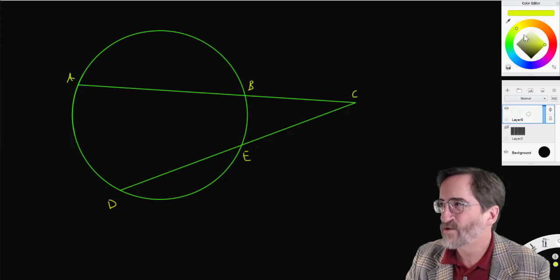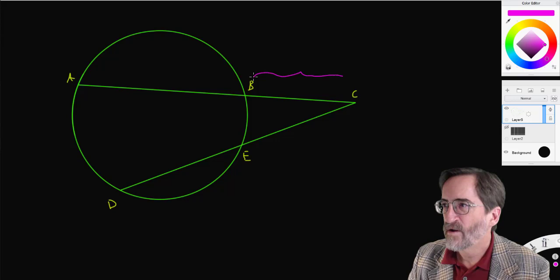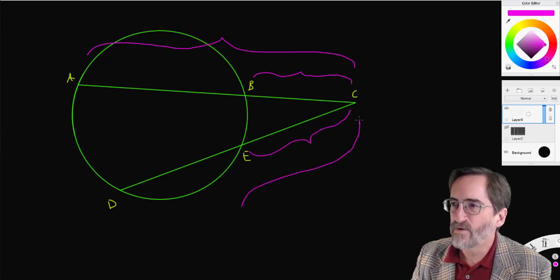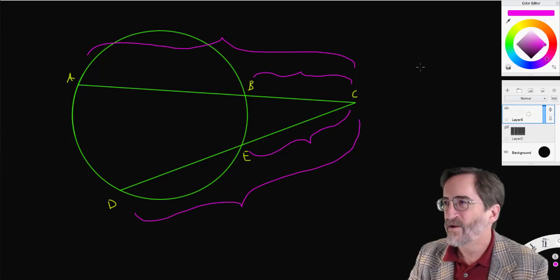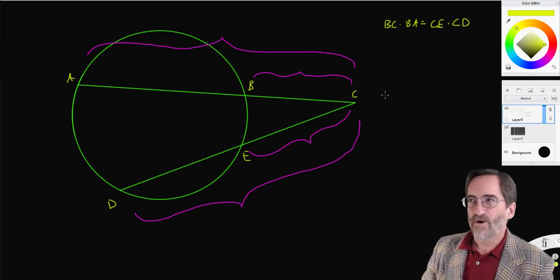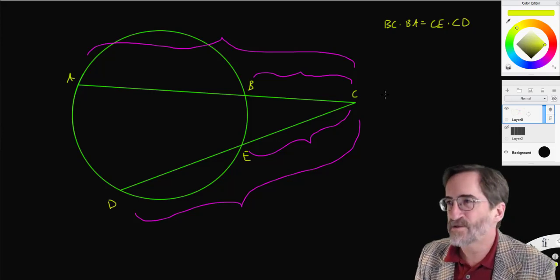It says the outside part times the whole thing equals the outside part times the whole thing. So it says, in other words, that BC times BA equals CE times CD. The outside part times the whole thing is consistent, it's constant.